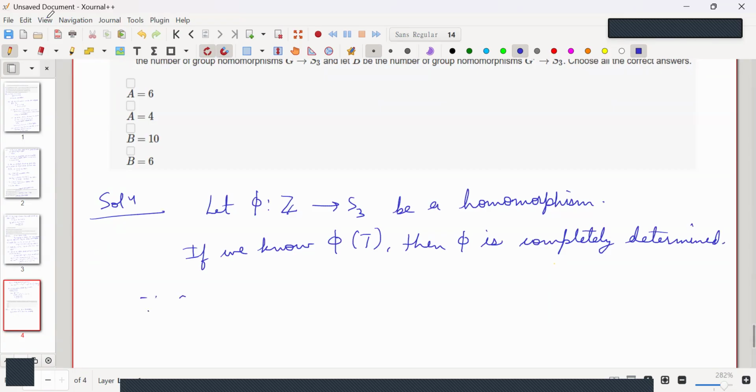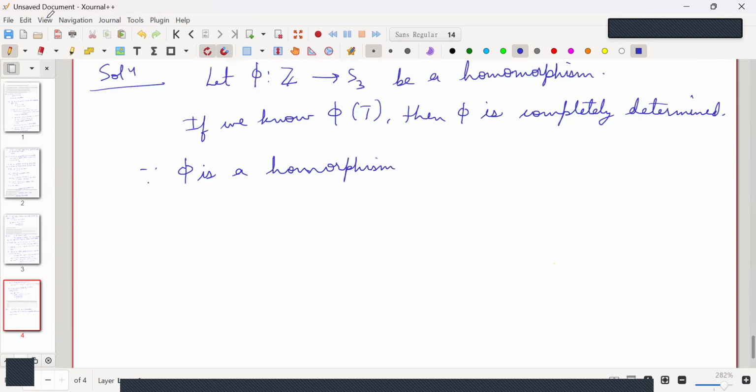Now, since phi is a homomorphism, for any homomorphism this always holds that the order of phi of a should divide the order of a for all a belonging to Z4.